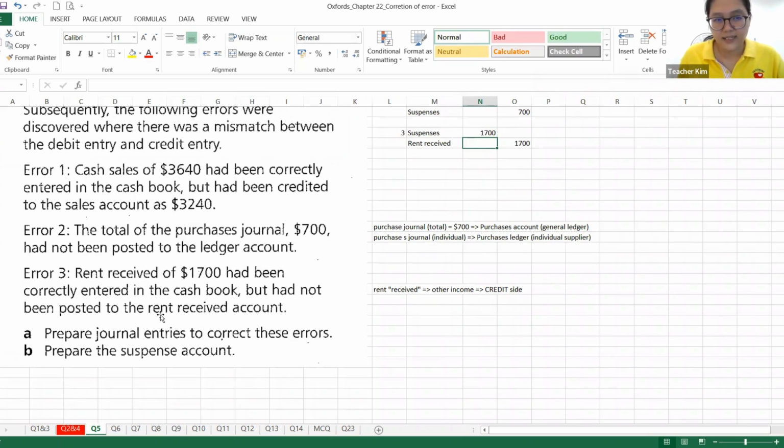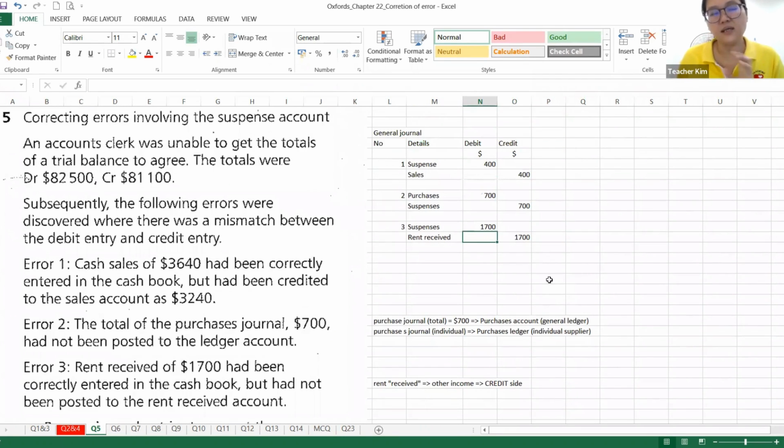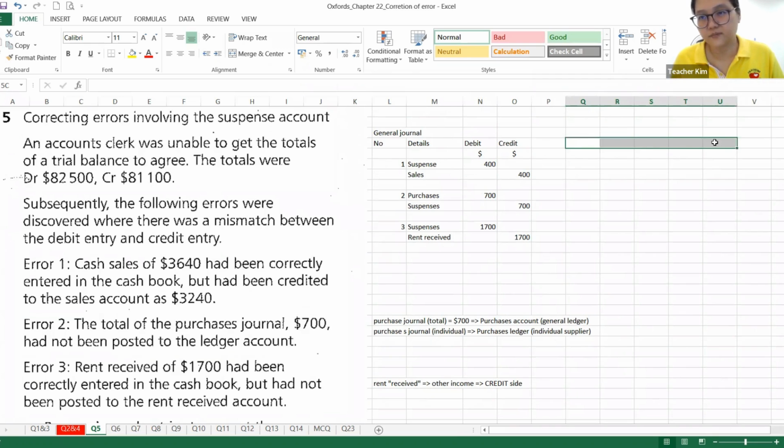Now next, they say prepare the suspense account. If they give you the date, you put 6 columns. If they don't have the date, then you ignore the date column. Here I think 4 columns are enough, so I don't put 6 columns.